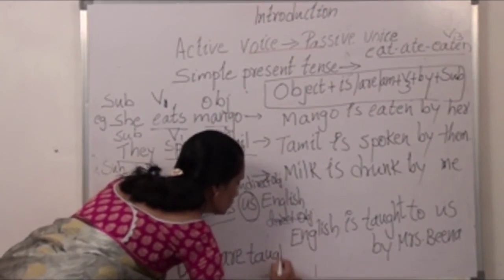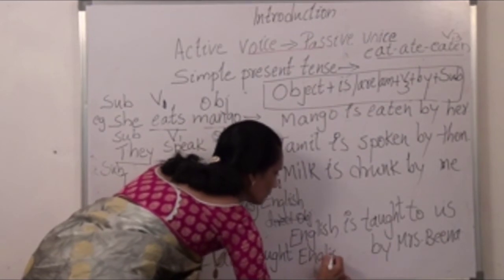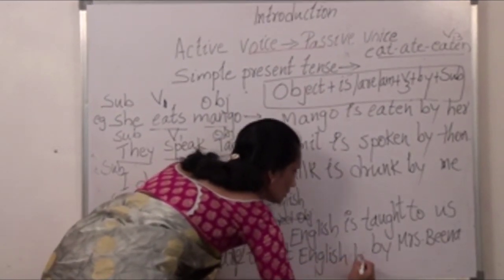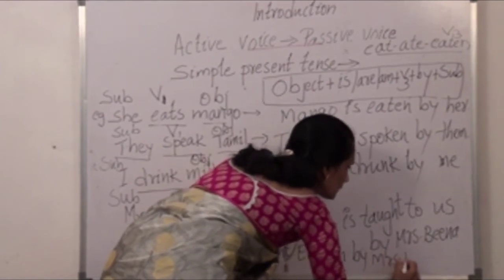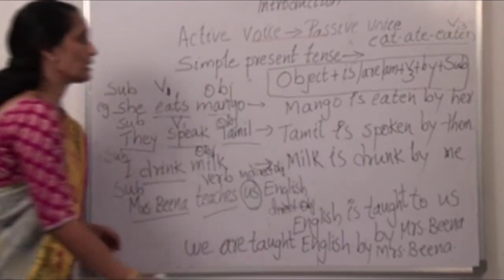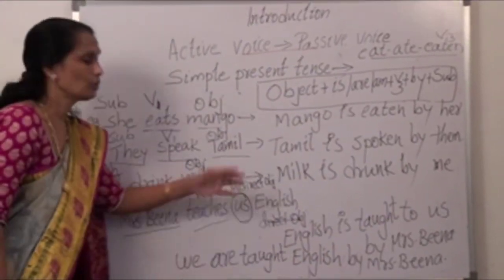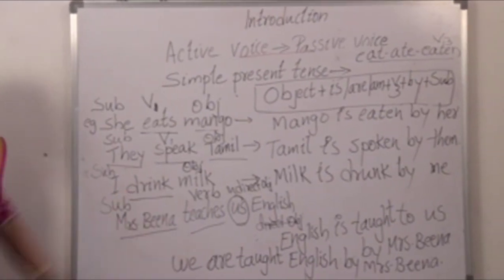We are taught English by Mrs. Beena. When there is a direct object and an indirect object, you can start with the direct object or with the indirect object. There is no problem in that.